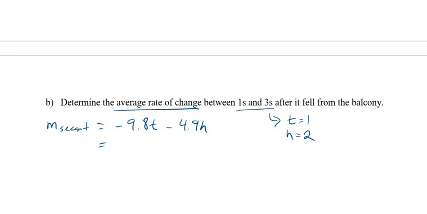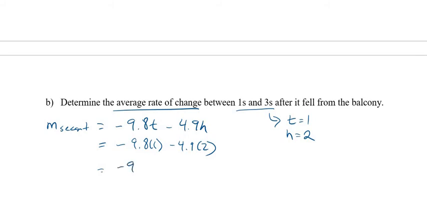So now that we have that, we can plug those numbers in. We get negative 9.8 times 1 minus 4.9 times 2.